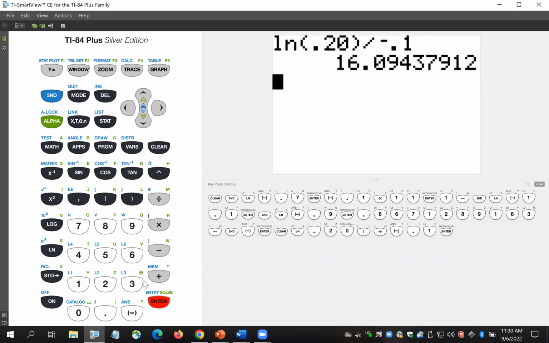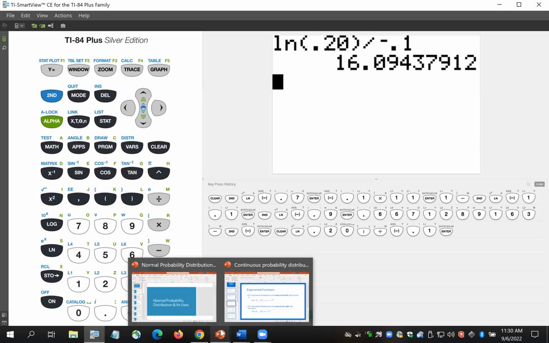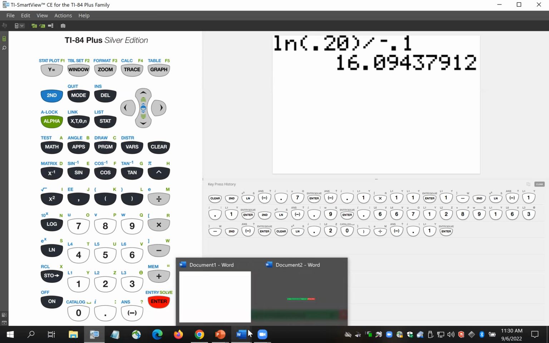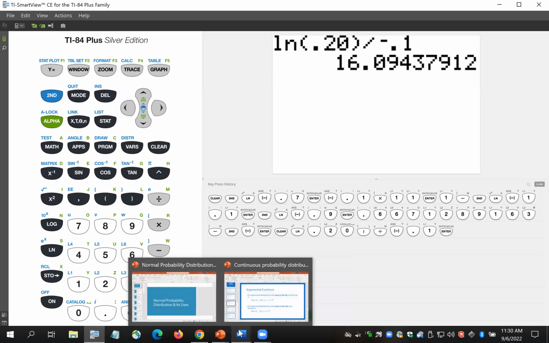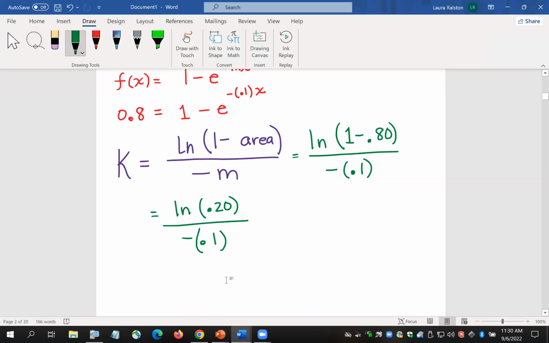That gives me 16.0943. So 80% of the time, the computer part is going to last approximately 16.09 years, and you have more decimal places out there.